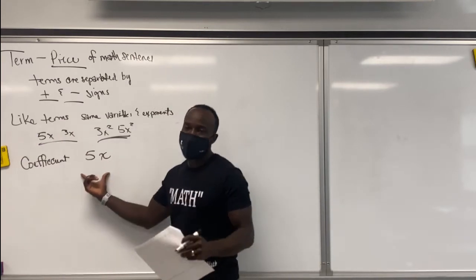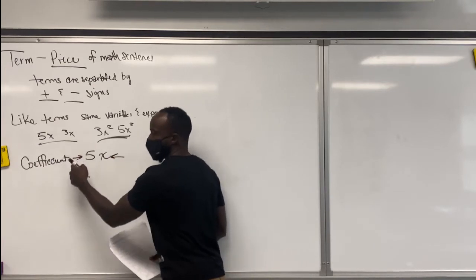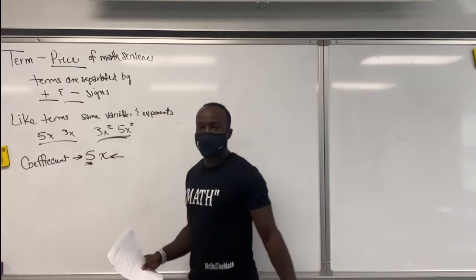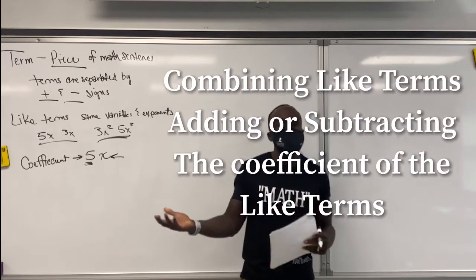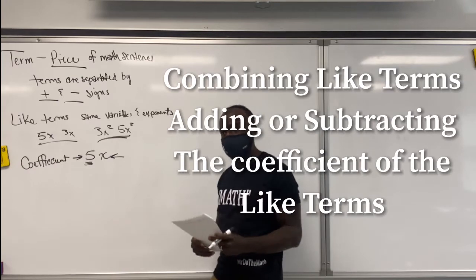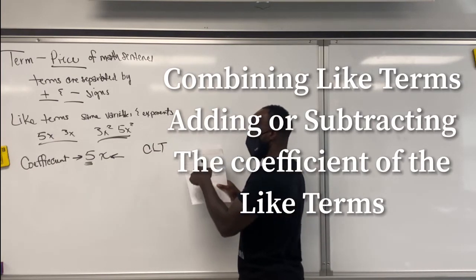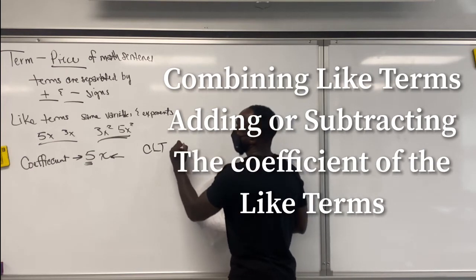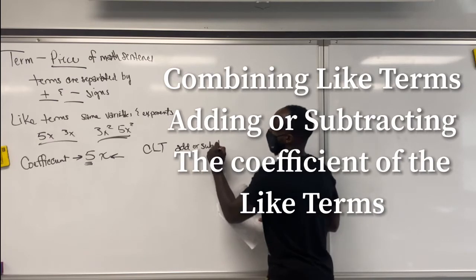So if you have 5x, x is the variable, 5 is the coefficient, right? So when you combine like terms, what you're doing is adding or subtracting the coefficients.